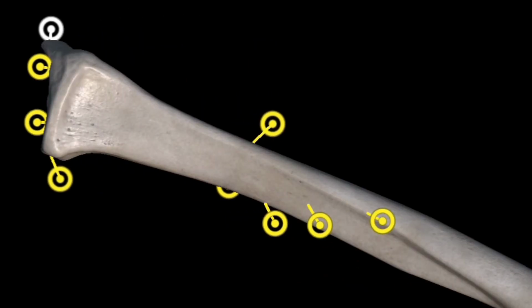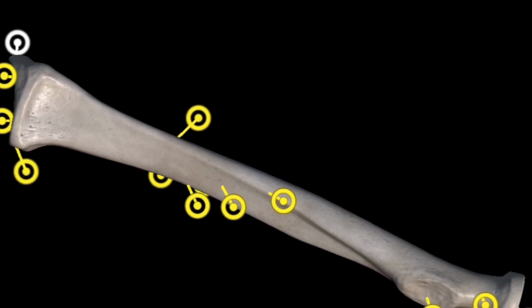Then again see the anterior view of the radius. This is the radius. In the anterior view you see it is like this: fovea, head of the radius, neck of the radius. This is the radial tuberosity. Here is the shaft of the radius, the anterior border. This is the anterior surface.